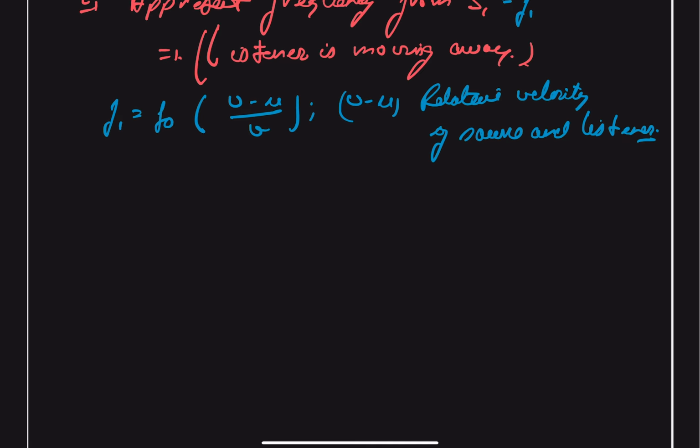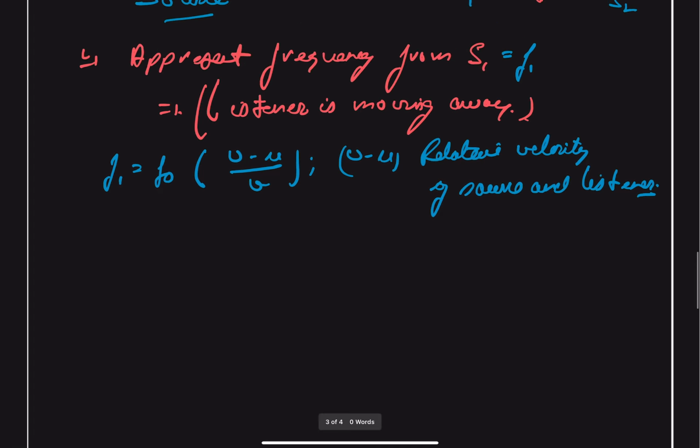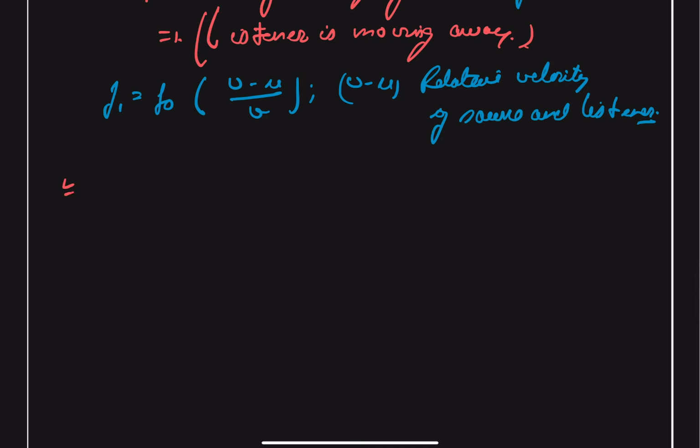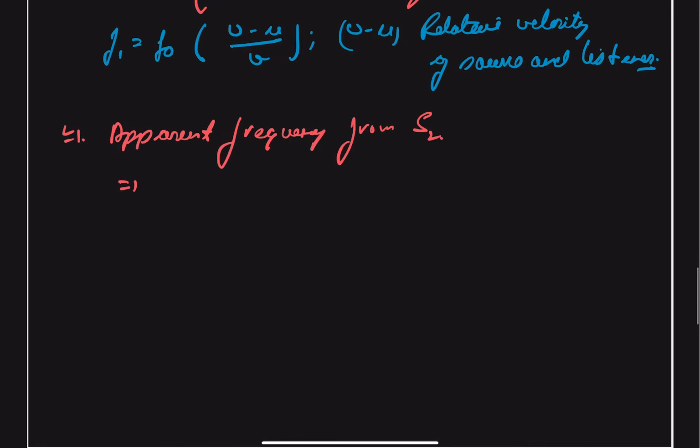And similarly, we can write it for the apparent frequency from S2, and in this case the listener is moving towards the source.